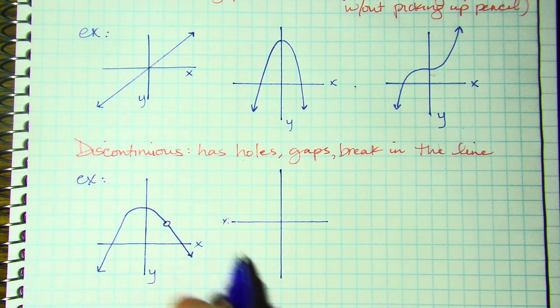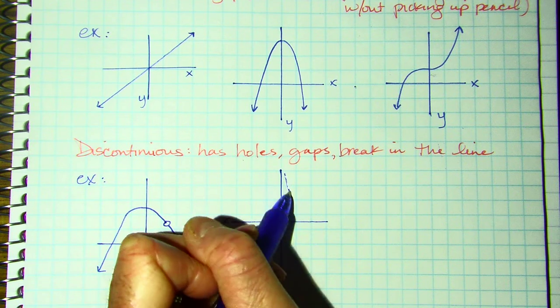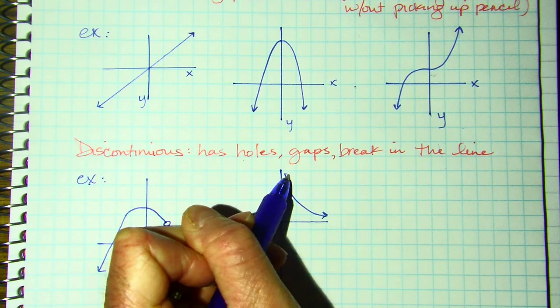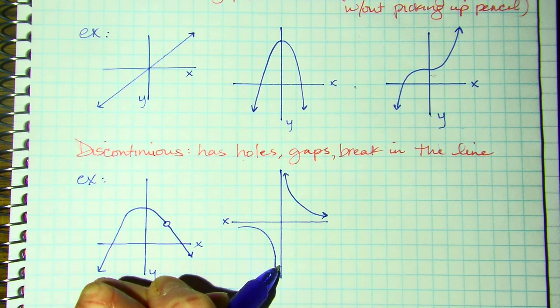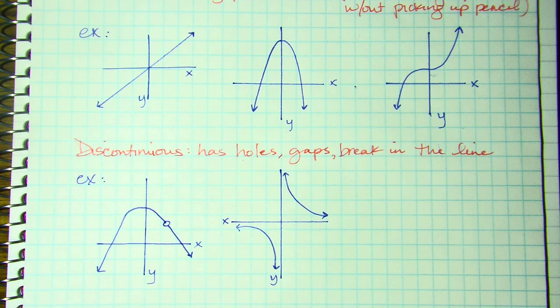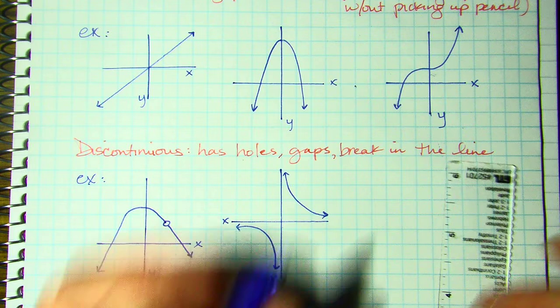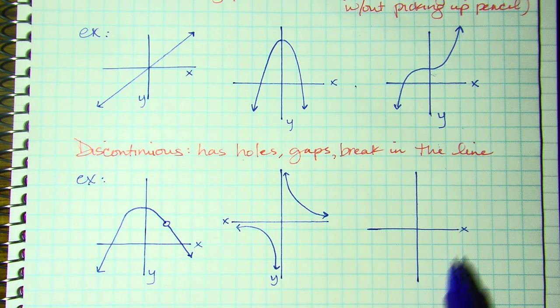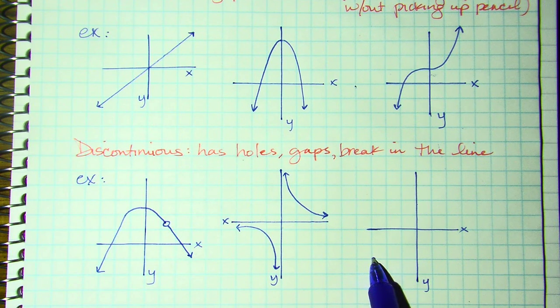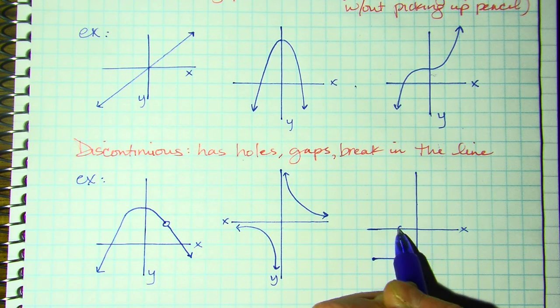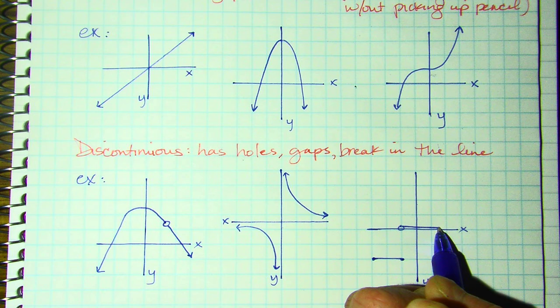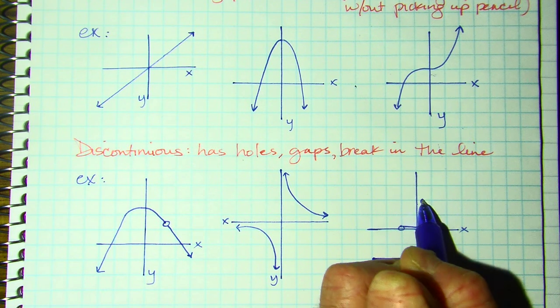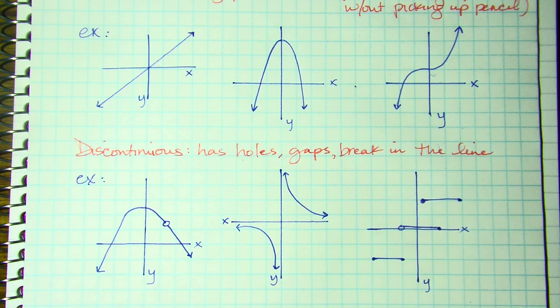If this is x and this is y, any graph that has two separate areas, so if I had a part of the graph here and a part of the graph there, I would say that that is discontinuous. There are two separate graphs occurring. And then another one would be an example of a step function. So if I had from one point to the other, it might still be a function, but it definitely has some gaps and holes, and it's not one smooth line.